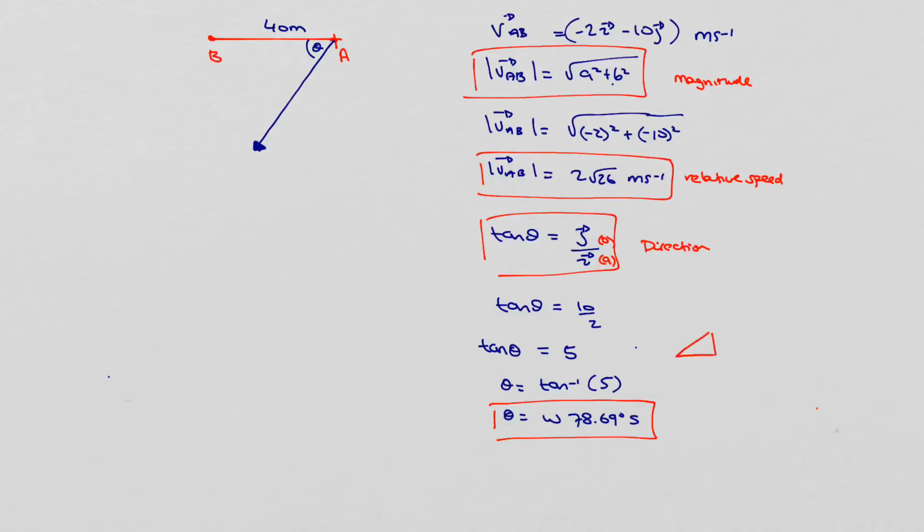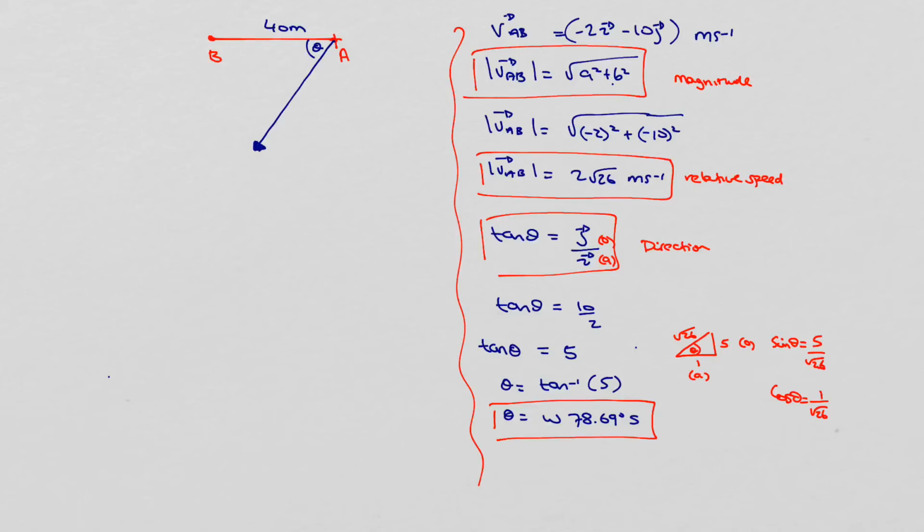For neatness we actually prefer to use opposite over adjacent, and therefore my hypotenuse works out to be root 26. So sine theta is opposite over hypotenuse, 5 over root 26, and cos theta is adjacent over hypotenuse, which is 1 over root 26. We want to use that now to work out our shortest distance. So, magnitude and direction.